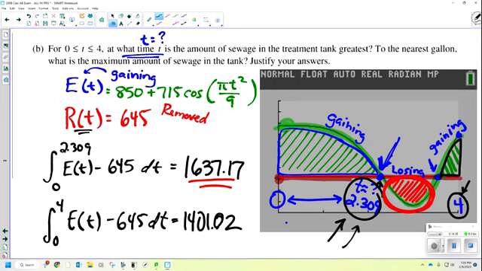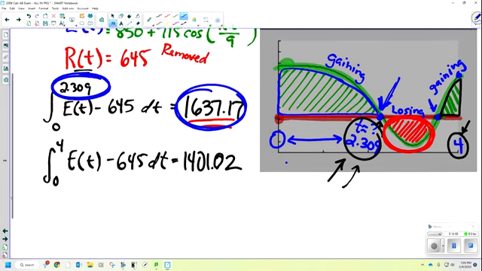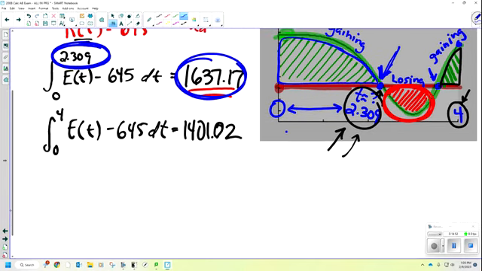Okay, so at what time is the amount of sewage the greatest? Well, I think we answered that. It's right here at this time, 2.309. And what is that maximum amount? It's right here. So let's actually just state that. Justifying your answer is this math work.